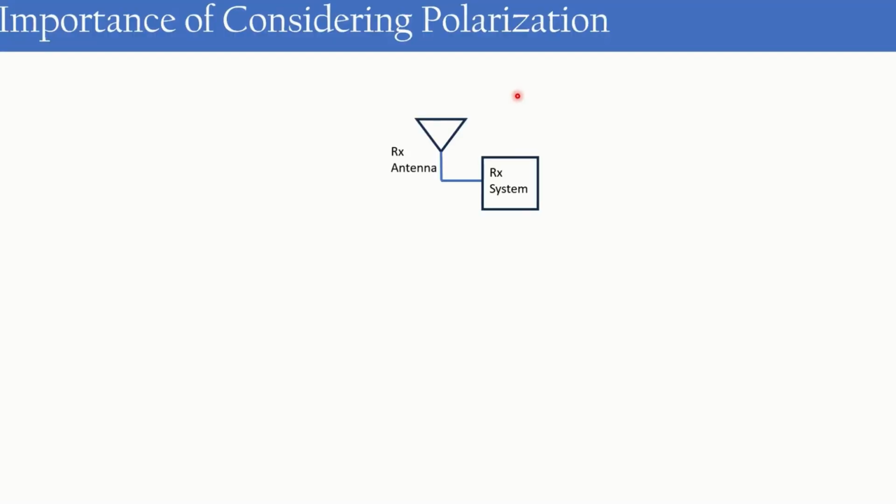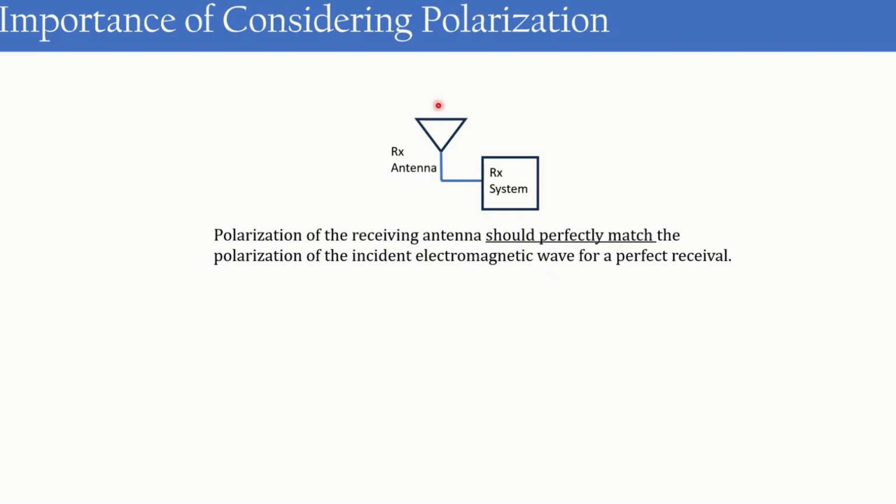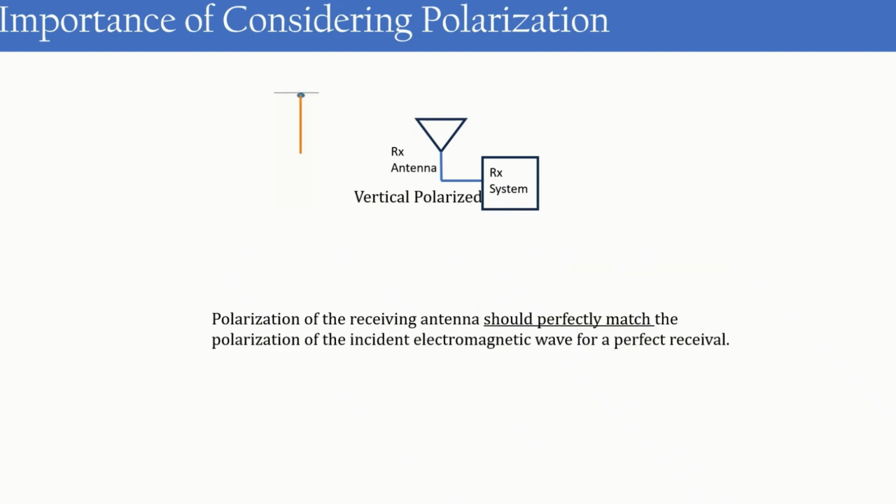Let's first start with an ideal case. Consider a receiving antenna. For this receiving antenna to have perfect reception, the incident wave on this antenna has to be the same polarization as that of this antenna. So if my receiving antenna is vertically polarized, that is, this is the orientation of the electric field, you can see that the electric field is oscillating in the vertical direction.